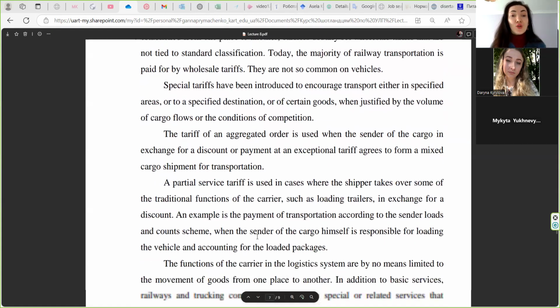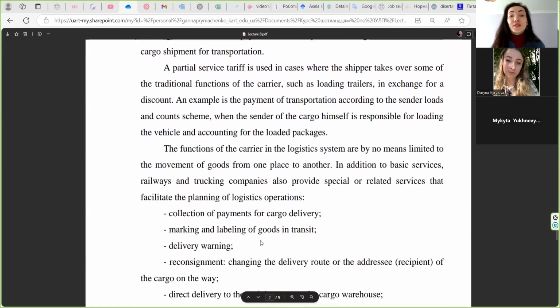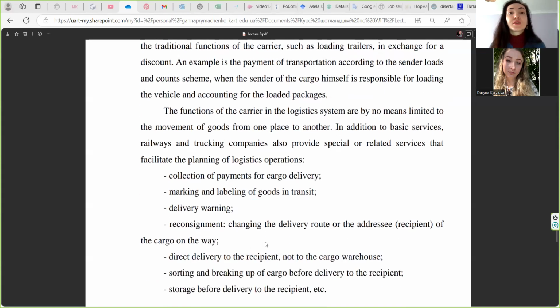A partial service tariff is used in cases when the shipper takes over some of the traditional functions of carriers, such as loading trailers, in exchange for a discount. An example is payment of transportation according to the shipper's load and count, when the sender of the cargo himself is responsible for loading and accounting for the loaded packages.